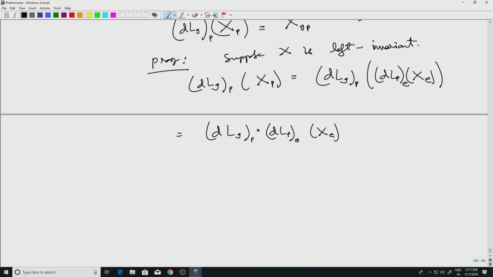Now let's just apply the chain rule. I have two maps here.